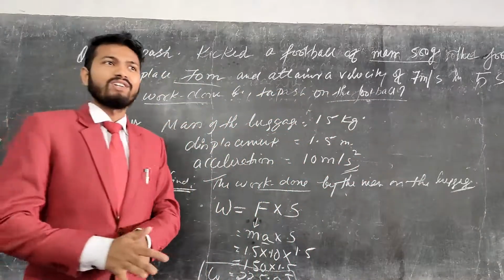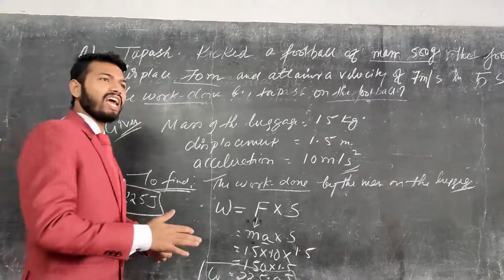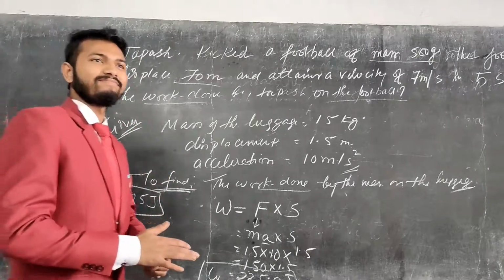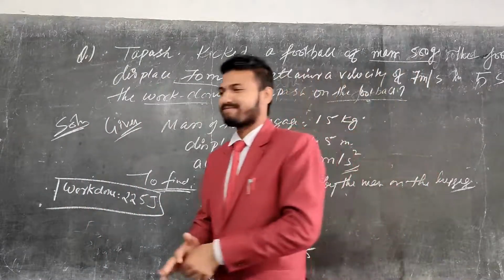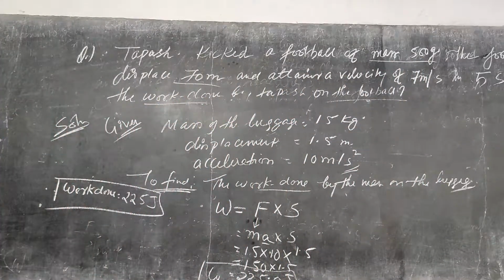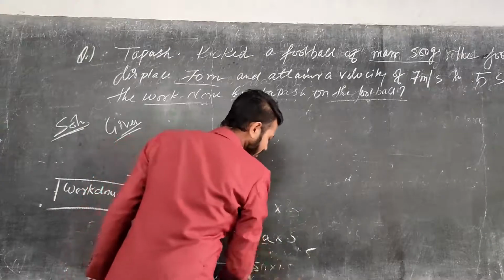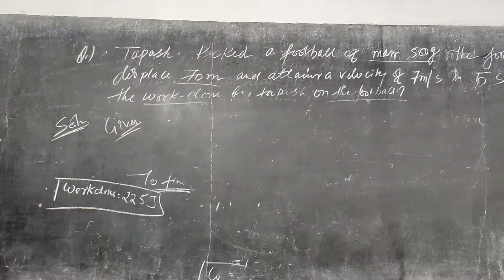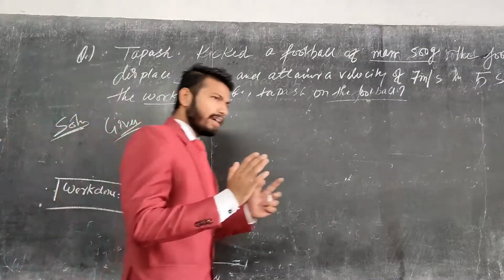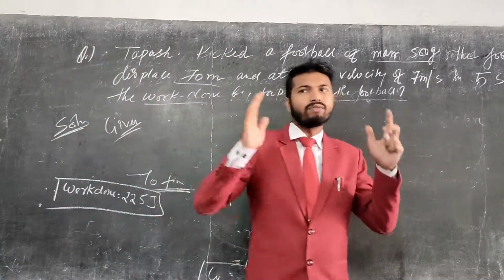Alright, fine. So, will you show me or shall I help you out? We'll try, sir. So let me give you a hint for some of the students. I hope many of the students can do it. The concept is that we need to find the work done.